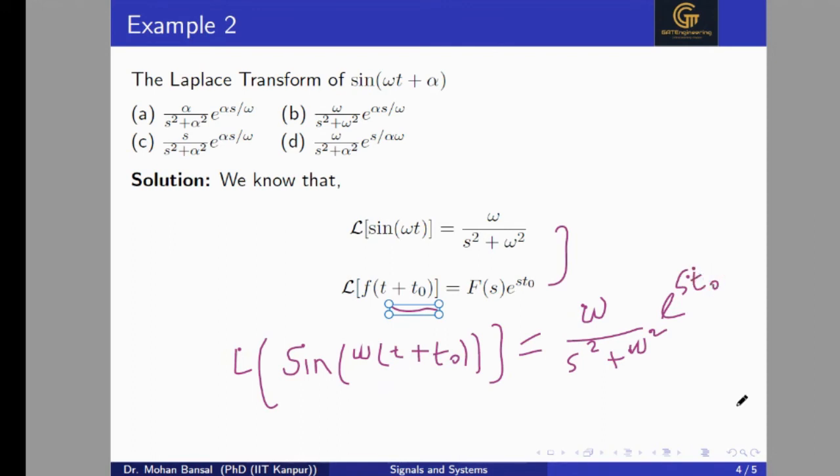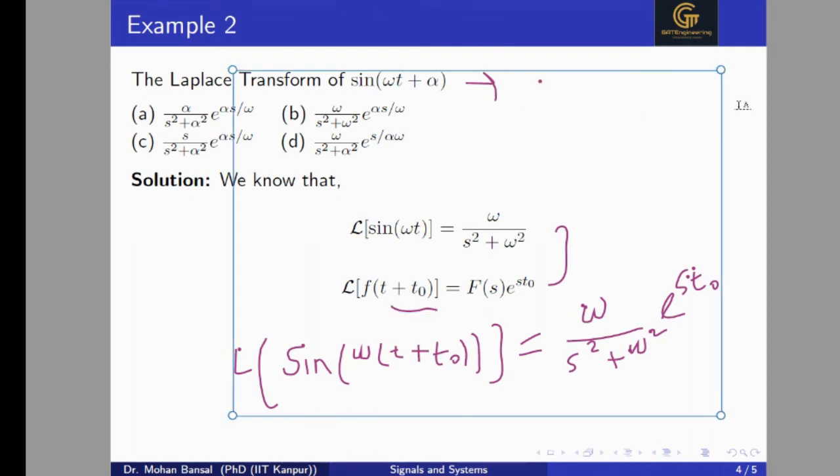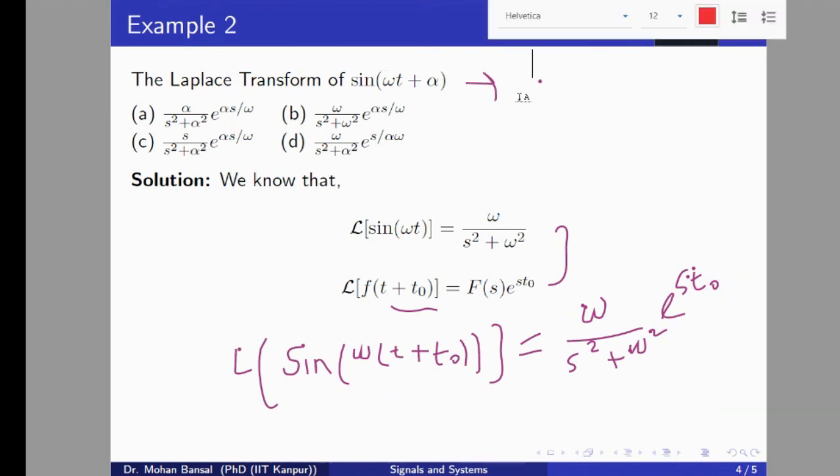Now if we use the same property for this function, we can write it as sine omega (t plus alpha divided by omega).